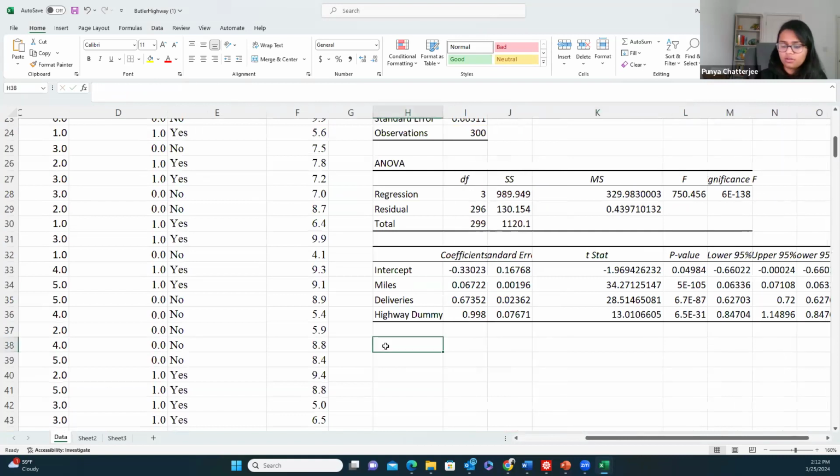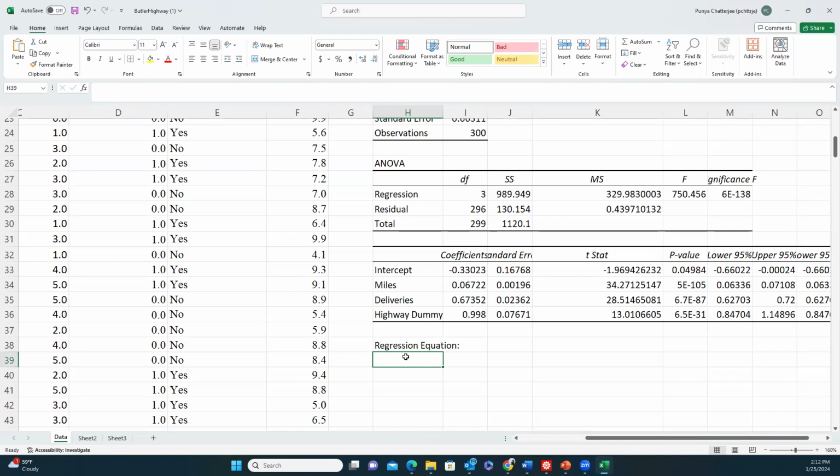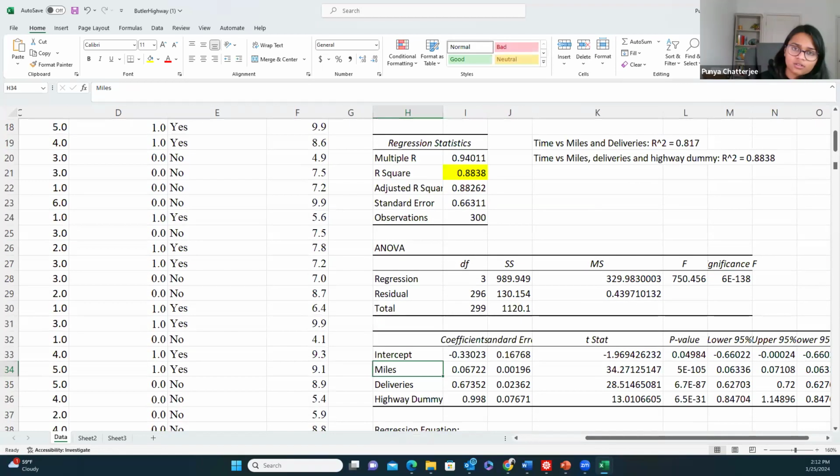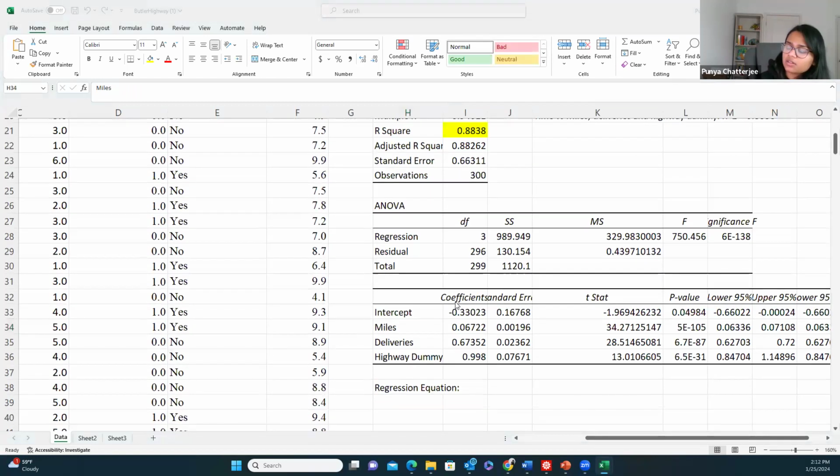All right. So can anyone help me write down the regression equation? The current one, based on these coefficients.